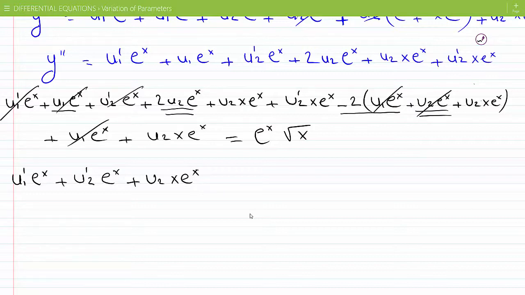And then we did u2 e to the x, 2 minus 2, so these completely go away. Then 1 minus 2 u2 x e to the x, so minus 1 x e to the x, and u2 x e to the x, so those all go away.